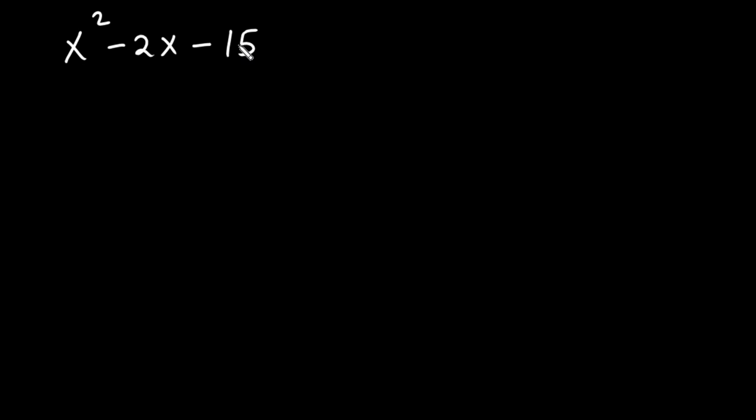Okay, so we need to factor this expression. So how do we go about it? So as we said, for this case, let me write it this way. It's x squared plus negative 2x and then plus negative 15.